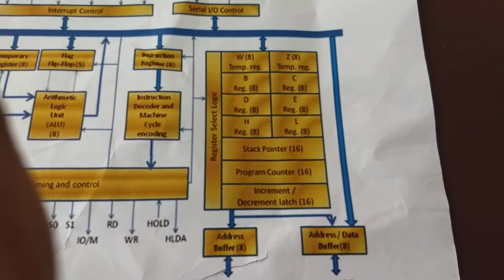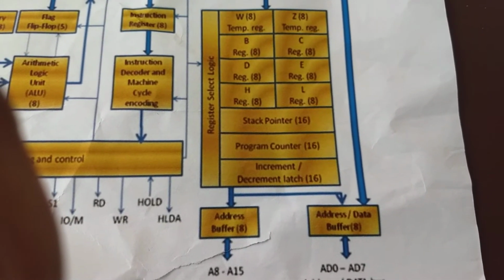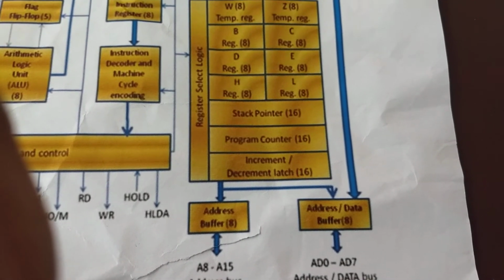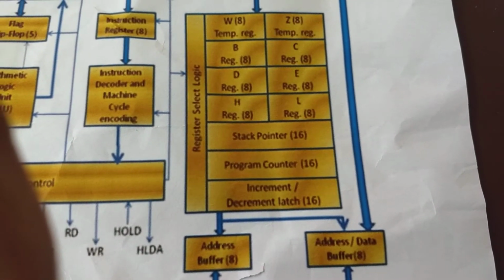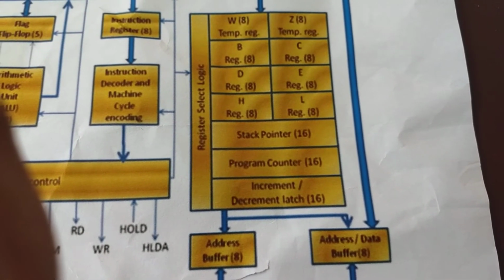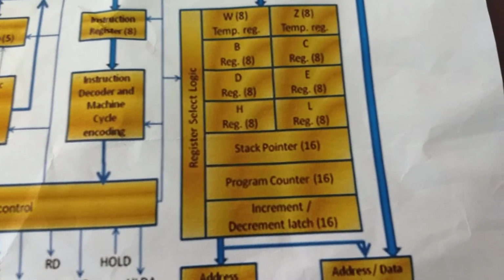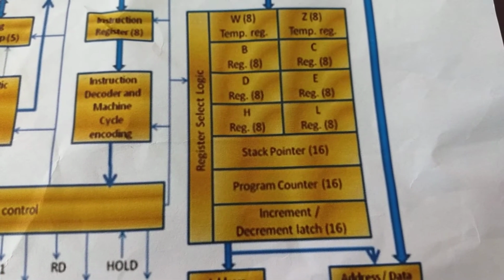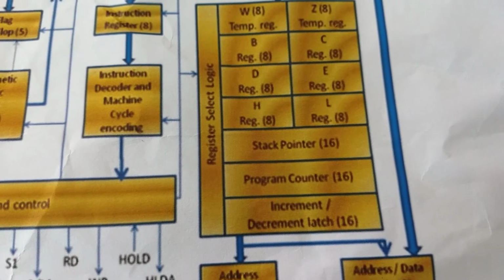Now next are the different registers: W, Z, B, C, D, E, H and L, which can act as temporary registers for whatever operation we have to perform. Sometimes the operation is very big, and at that time we are eager to know where we can store the data.